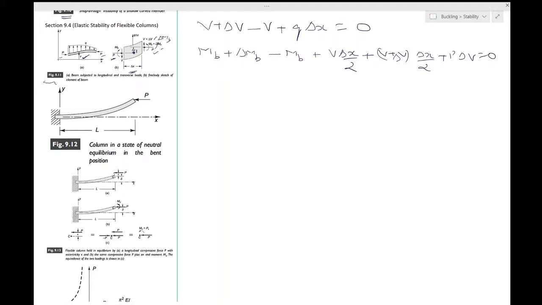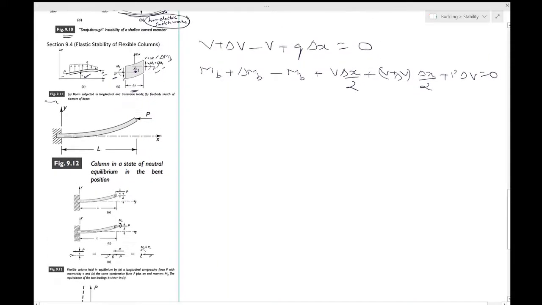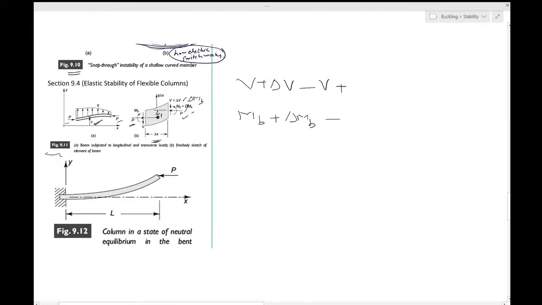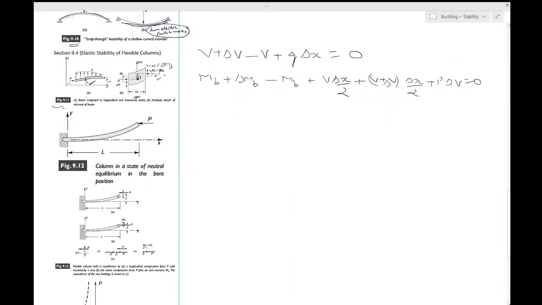So let me zoom this out. This point which is pointed out over here is actually this point, and delta v is slightly above this. Fine.